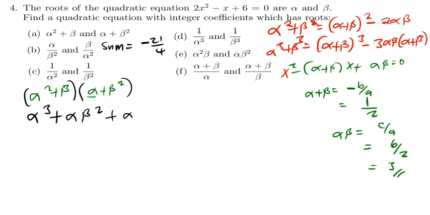Alpha times beta, alpha beta. Then beta times, this times this is this times that is that, then this times this is this times that is beta to the power 3.